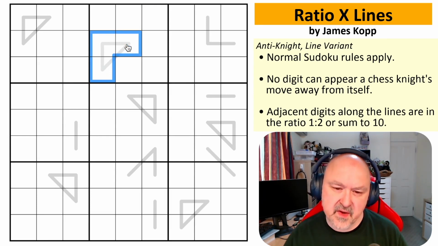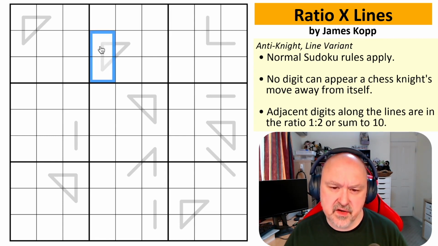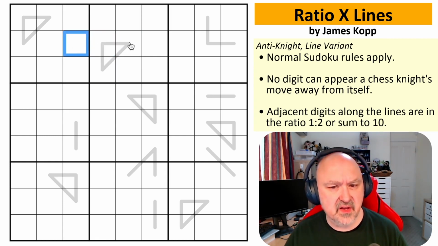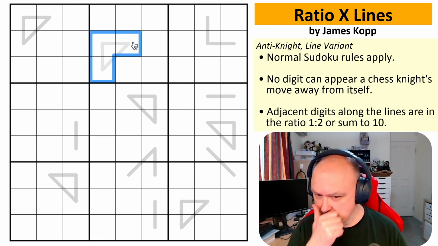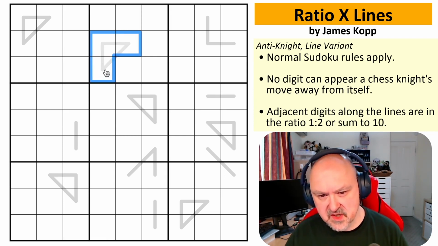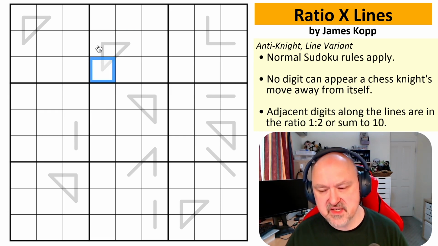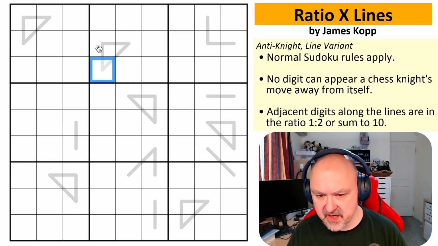Now, 1 to 2 would... So if I was to put 1 here and 9 here, 9 is not in a relationship with 2. So I need digits that are in relationships with each other that works. So 1 is in a relationship with 2 and 9, but 2 and 9 are not in a relationship with each other.